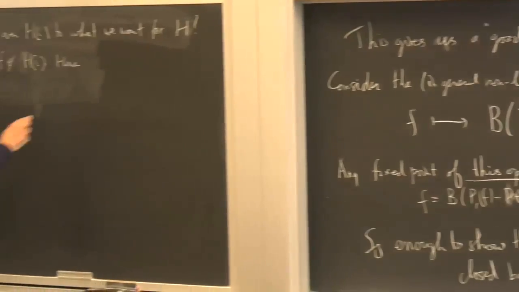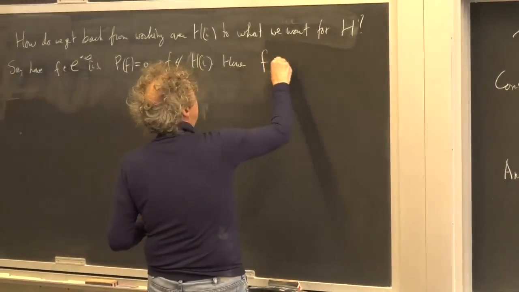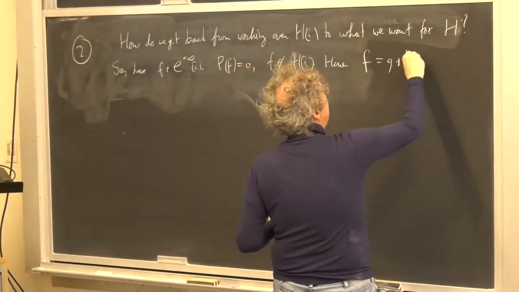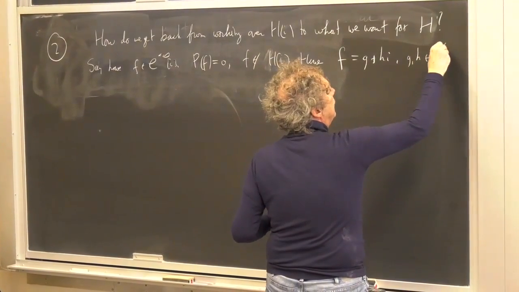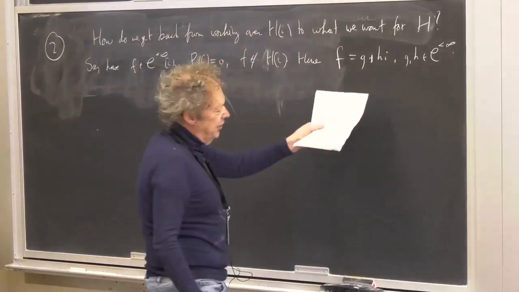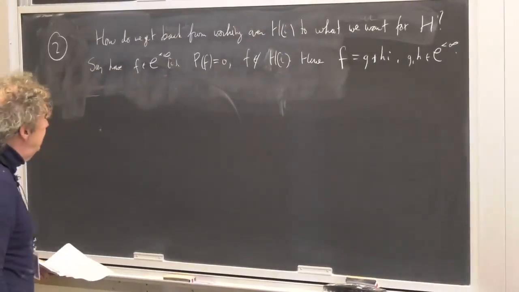Right. So of course we have F. You can write F as G plus HI. Yeah? So G and H are in C. So G and H are simply the real and imaginary parts.